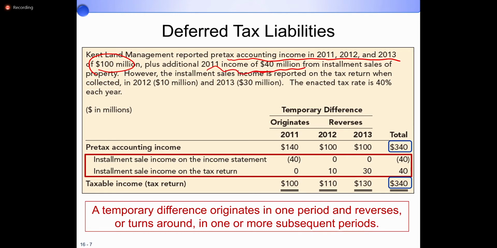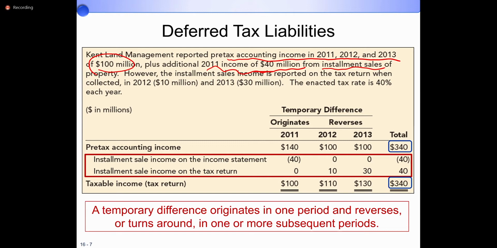In 2011 we had installment sales, a total of $40 million. Do you remember installment sales?